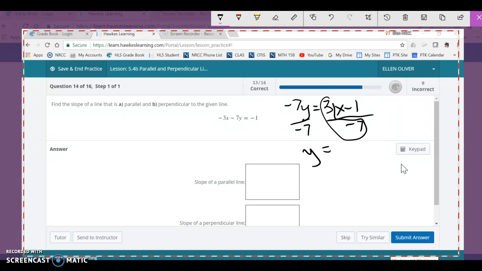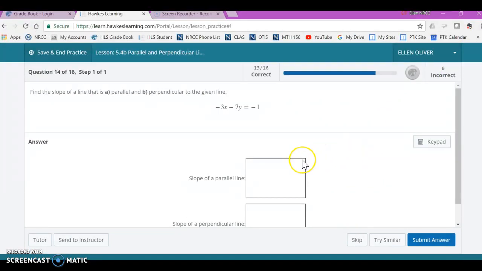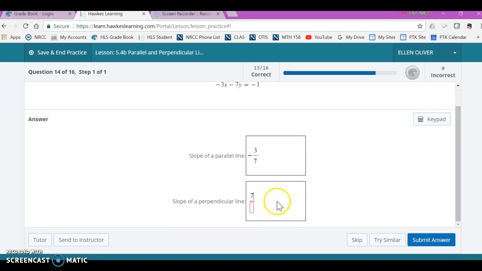So it'll be 3 over negative 7 or negative 3/7. So the slope of the parallel is negative 3/7. So that means that the perpendicular is going to be the negative reciprocal of that. So positive 7/3.